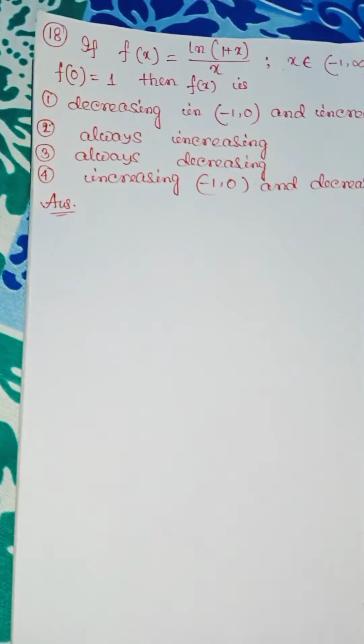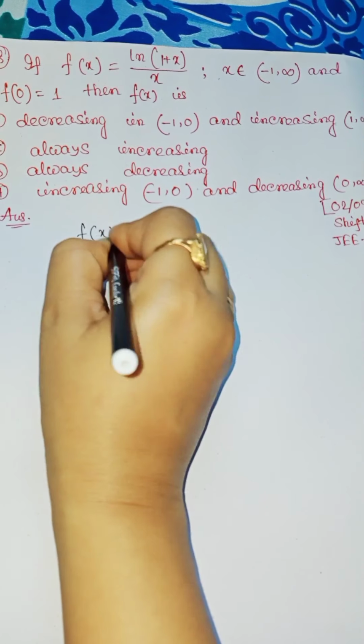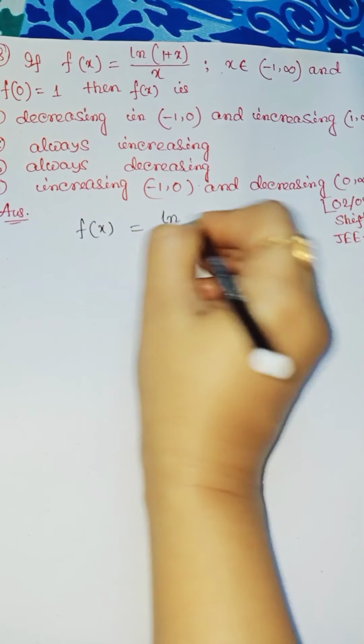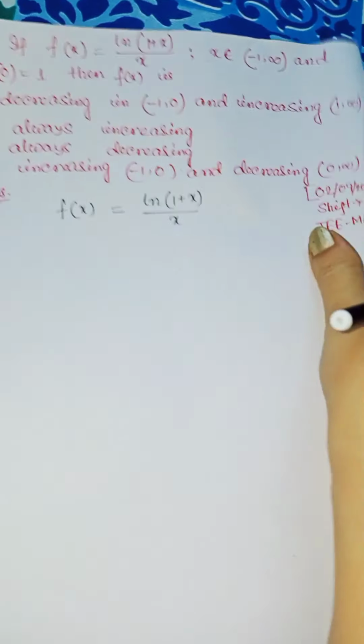At first, our given function is f(x) is equal to ln(1 + x) divided by x.